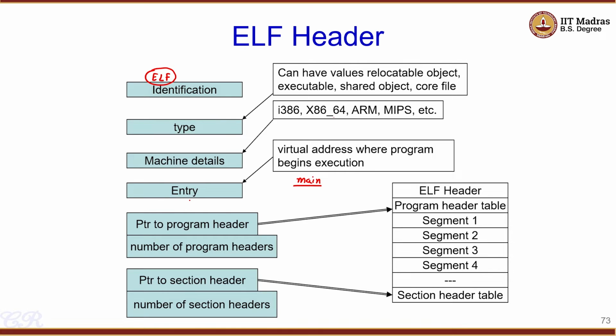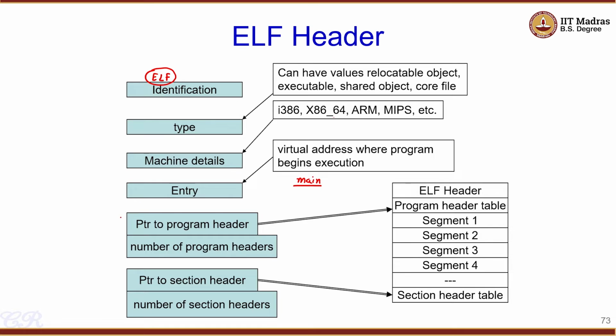When the OS starts to execute this program, it needs to identify the location where it should start the execution from. For that, it needs to know where the first function, like the main function, is present. So the operating system will look into the ELF header, look into this entry field, identify the address that has the main function, and then set the program counter in such a way that the main function executes.